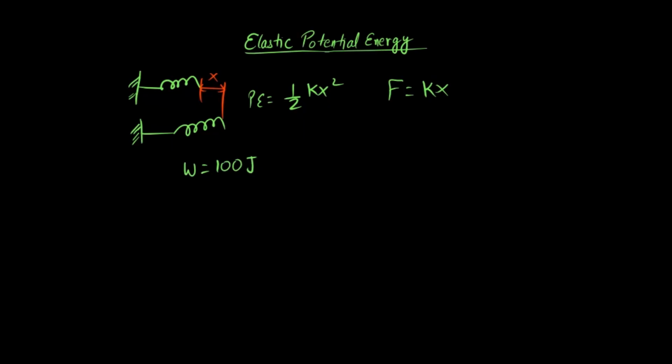That will provide 100 joules of potential energy on the spring. So the formula for potential energy is 100 equals half times k times x square, where k is the spring constant in newtons per meter and x is the stretch of the spring in meters.